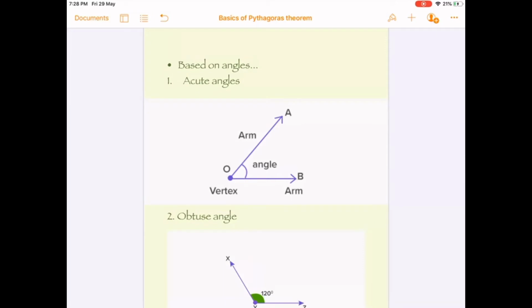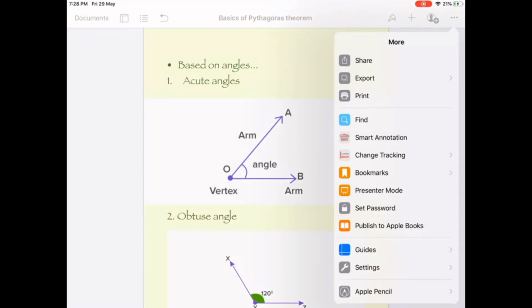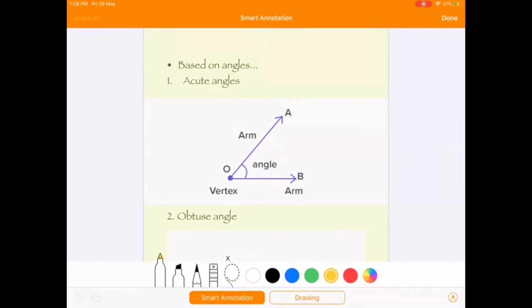Now we will see triangles based on angles. The first one you see is the acute angle. Now what is an acute angle? The angle which is less than 90 degrees is an acute angle triangle. Okay, the angle which is less than 90 degrees.